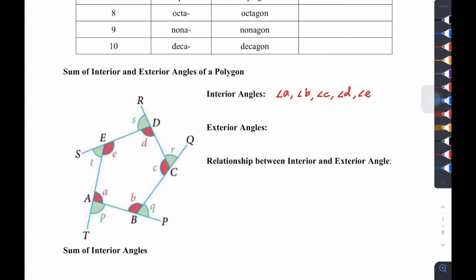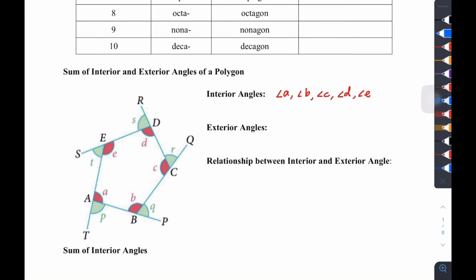The thing about an exterior angle is it is not just any angle outside. Before that happens, you have to extend a straight line out from the shape and take the angle adjacent to the interior angle.